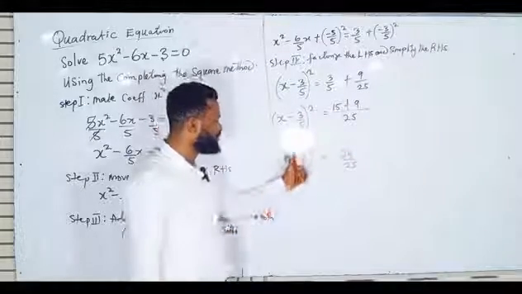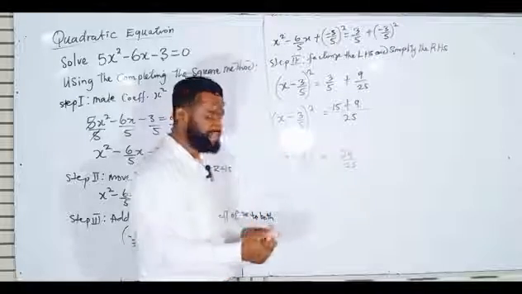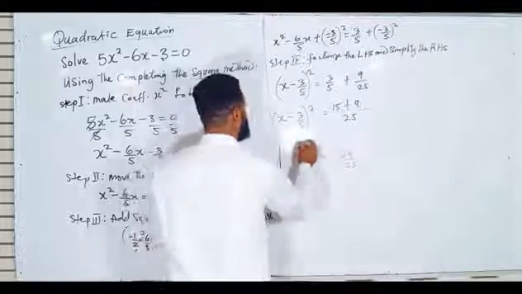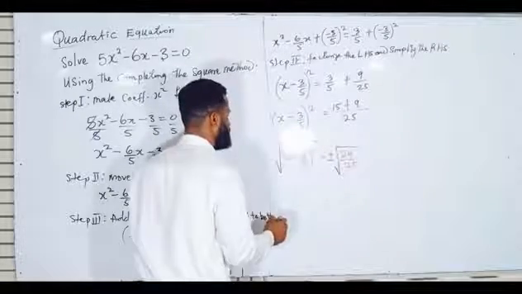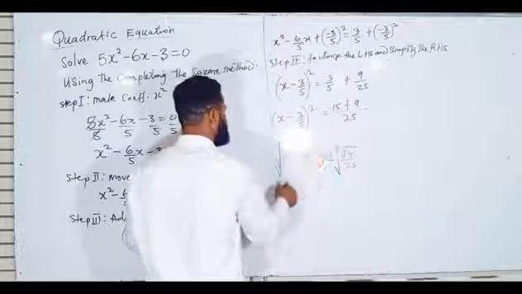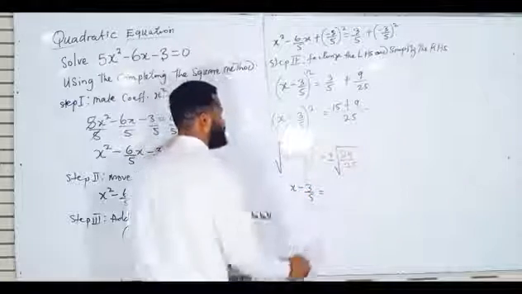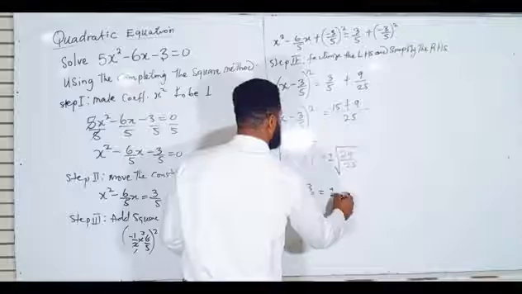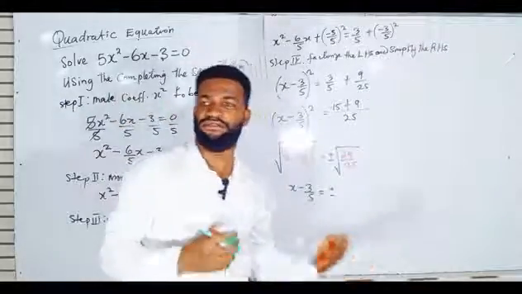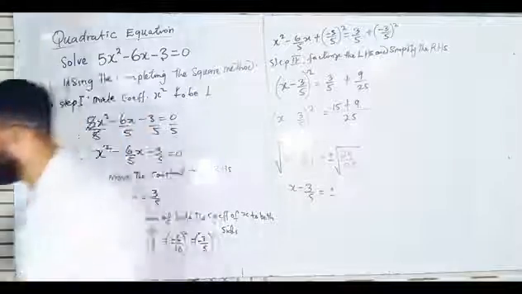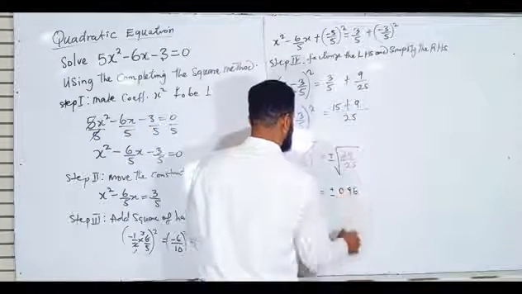In order to remove this power of 2, I'm going to take the square root of both sides. When I take the square root of this side, I will also say plus or minus the square root of this side. So x minus 3 over 5 is equal to plus or minus the square root of 24 over 25. I'm using my calculator to find the value, and this is going to be 0.96.